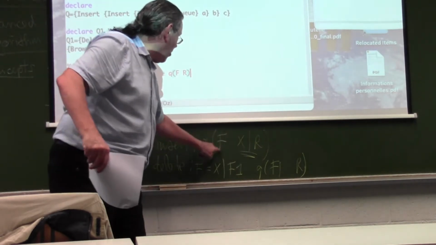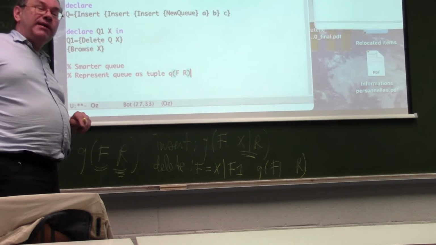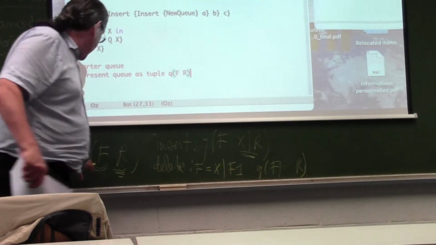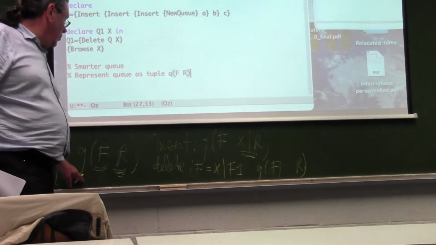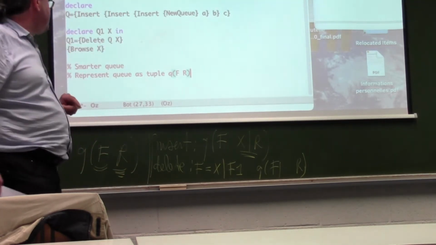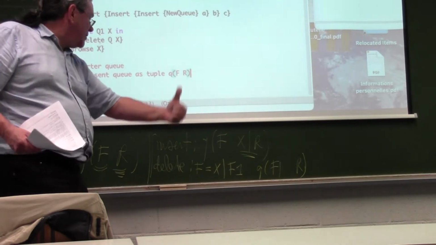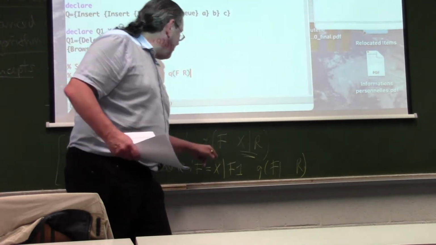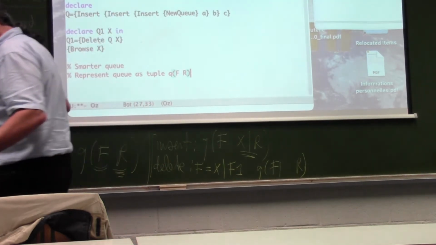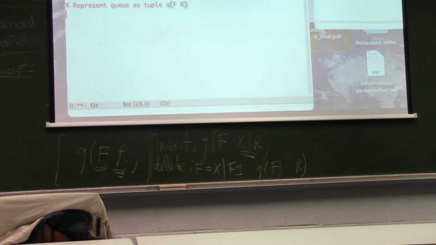Moving elements from R to F. And that's why it's not going to be worst case constant time, but only amortized. So these two operations are both constant time, but sometimes I have to transfer from R to F, and that will be a little bit more expensive. Okay? So that's the smart one, but let me show you the code for this.